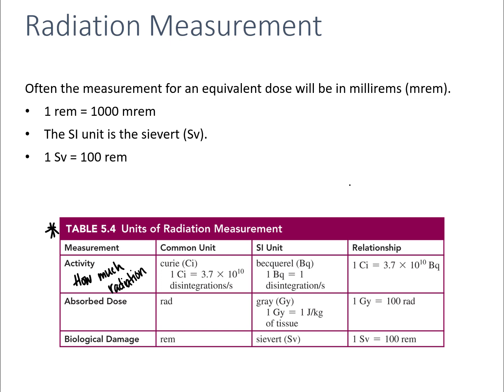Commonly, you use the Curie for that. The SI unit is the becquerel. And then there's a relationship here that you're not going to have to memorize, but you will need to know how to use it.